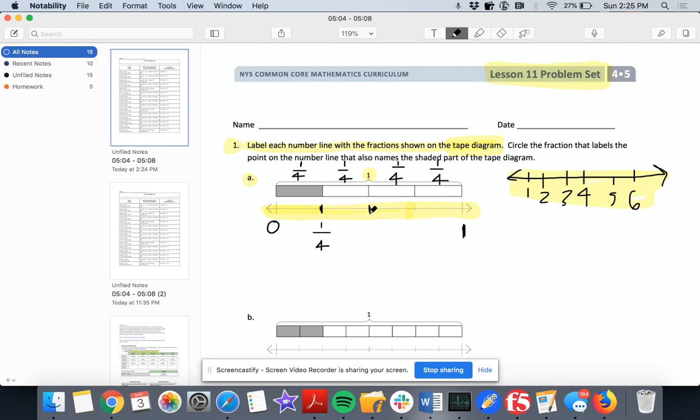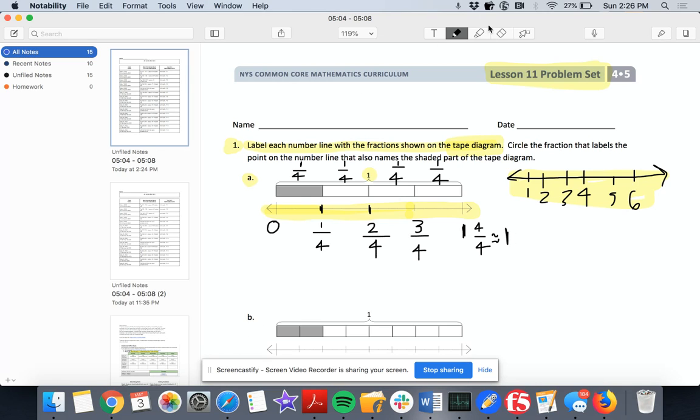And we can now just count. If this is 1/4, the next step is 2/4, and then the next piece is 3 over 4, and then this next piece would be 4 over 4. And if the numerator and the denominator are the exact same, that is just equal to 1.